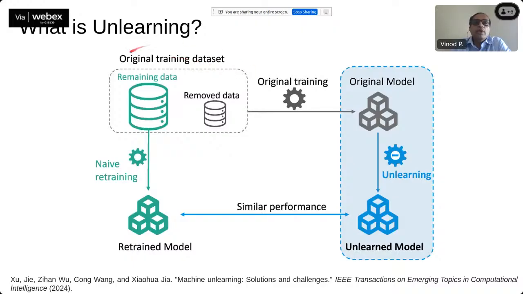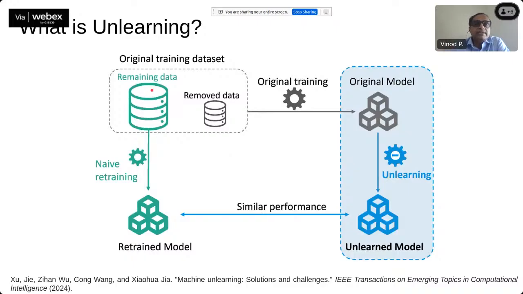If you look at this diagram, just forget about these two objects shown in blue and gray. We have the complete data over here, and some part of the data is sensitive, which is shown by this gray object. What one wants to preserve is called the remaining data, or sometimes the preservation data, or sometimes retained data in some literature.